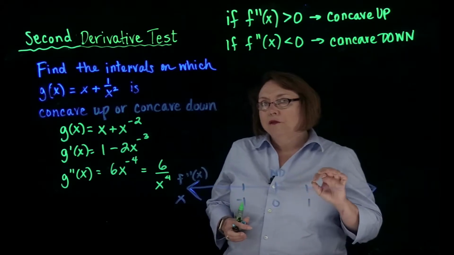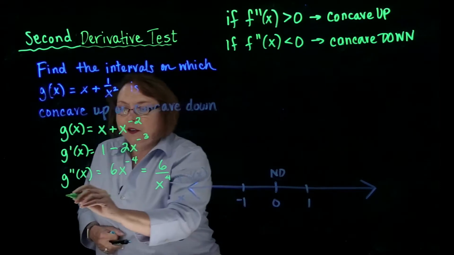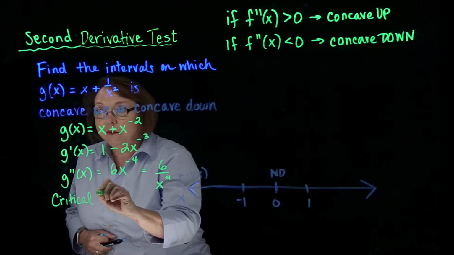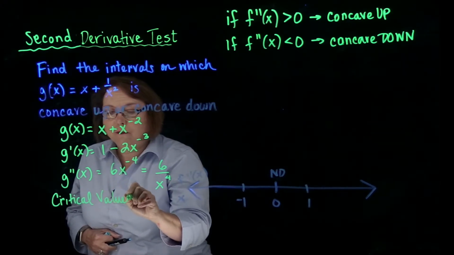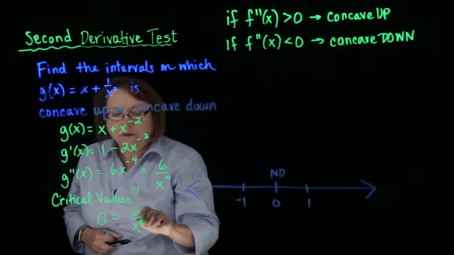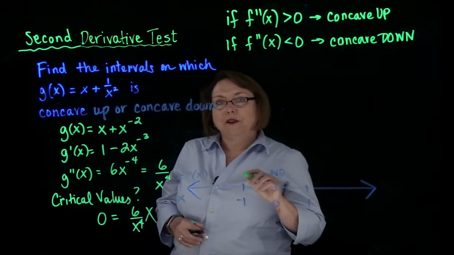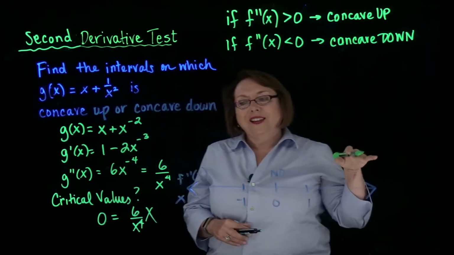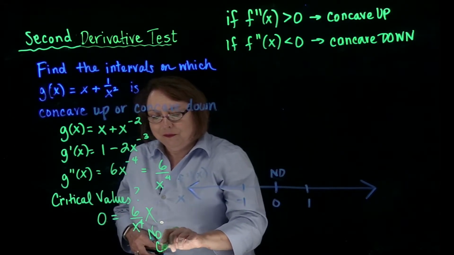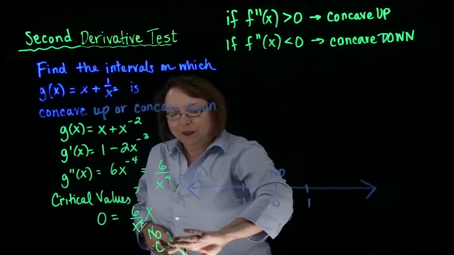We would also try to find the critical values, but if I set this equal to 0, I'll just write here critical values, question mark. 0 equals 6 over x to the 4th. There are none. There are no critical values. There are no peaks or valleys in this function. Critical values or critical numbers, you can call them either one.